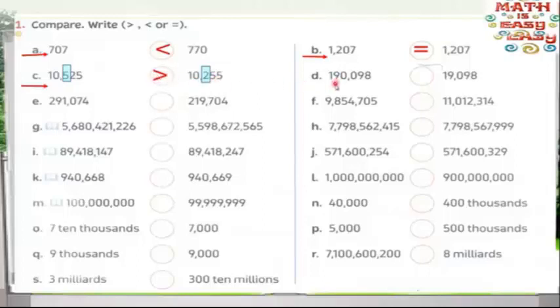Next one, we have 1 here and 1 here, but focus well. You have 190 in the first period, the thousands period. You have 3 digits, but here you have 1 in tens and nothing in hundreds. That means 1 in tens is less than 1 in hundreds, so the first number is more than the second number, because 190,000 is more than 19,000.